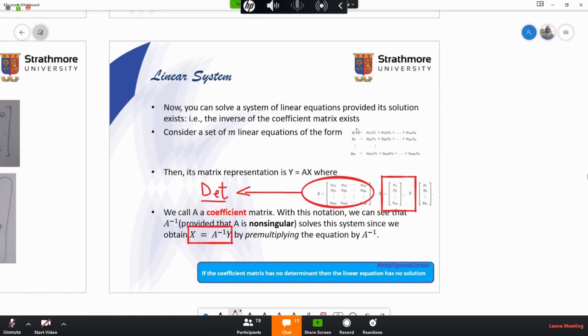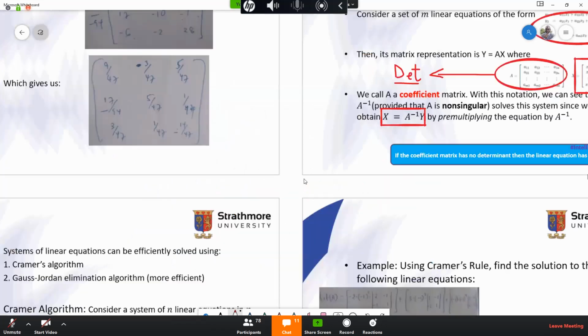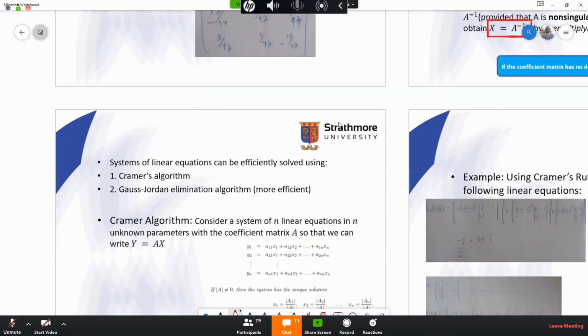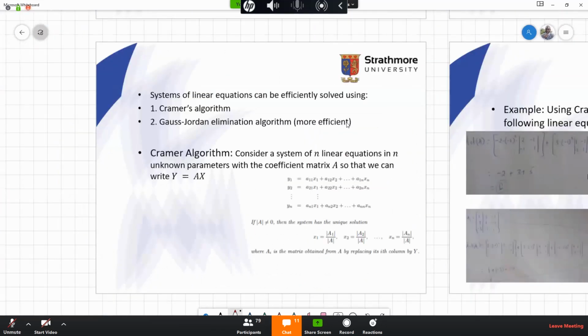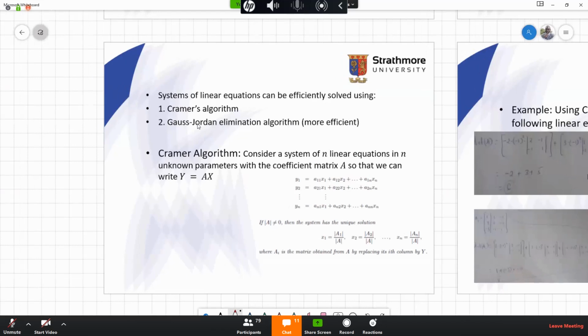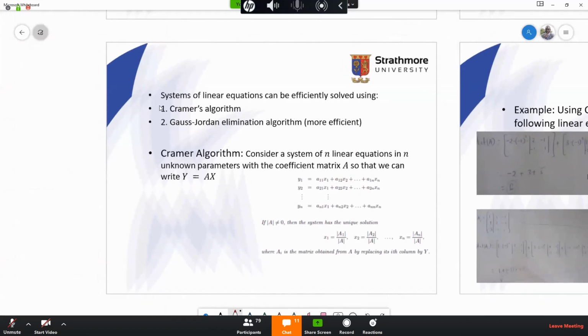So if a matrix has no determinant, actually it has no inverse. And the reason why we need the inverse of a matrix is for equations like these ones that can be actually used to solve linear systems. So from a linear system that looks like this, a system of linear equations, you can form a coefficient matrix by taking the coefficients. We'll do this down here. Then you can get its inverse and then solve the equation. So quickly, this one's for you to revise, but if I may just mention, there are two ways to solve linear systems.